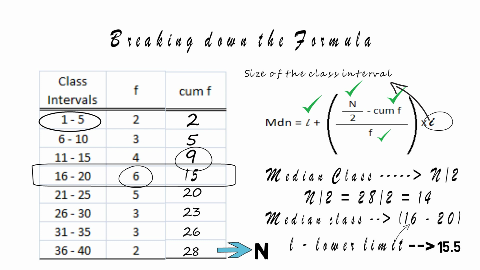Another way of obtaining I is to subtract the lower limit of the class interval from the upper limit. Now consider the class interval 6 to 10. Its lower limit is 5.5 and upper limit is 10.5. When we subtract, we get 5 again.